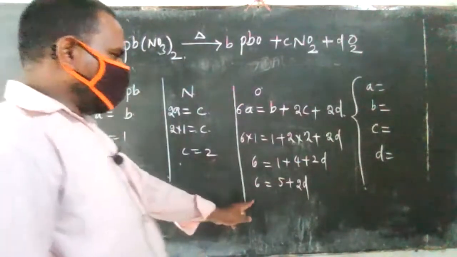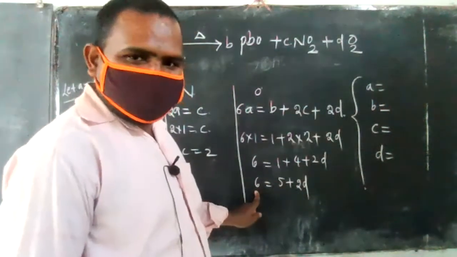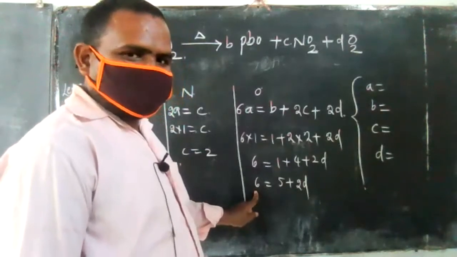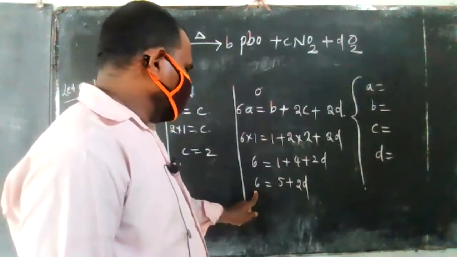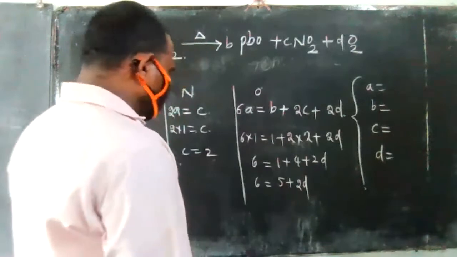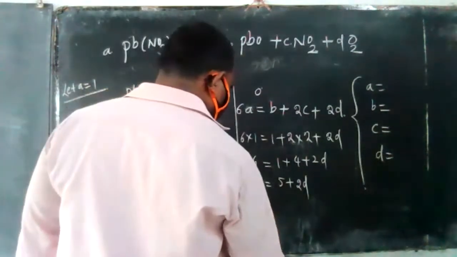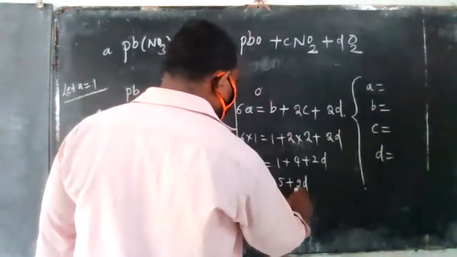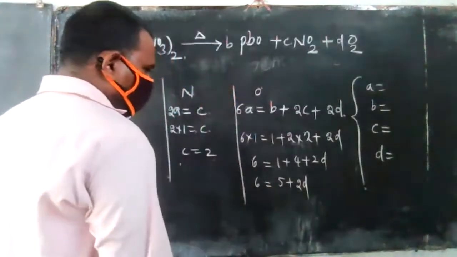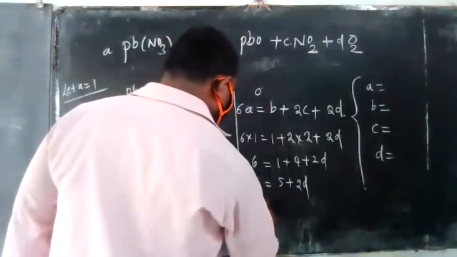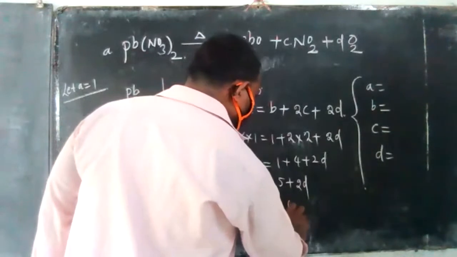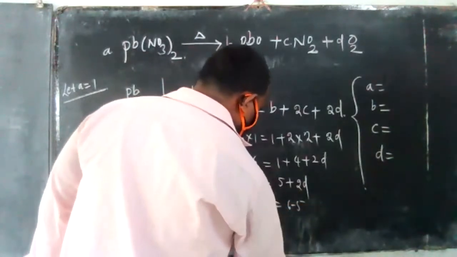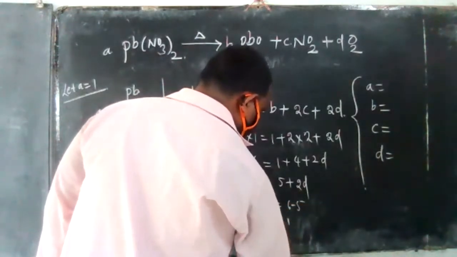Now simplify this. So 6 is equal to 5 plus 2D. Yes or no? So now 2D is equal to 6 minus 5, which is 1.